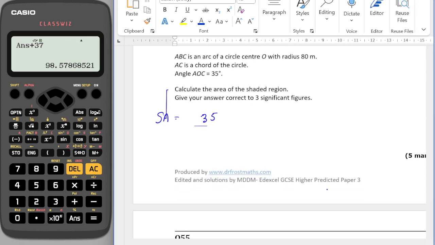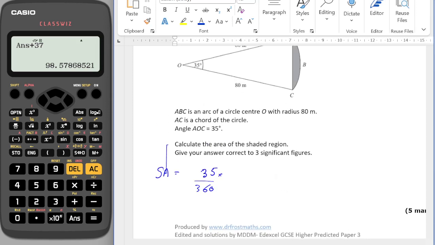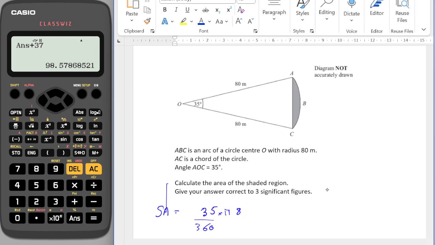is going to be equal to 35 divided by 360 times the area of the shape, which would be pi r squared, so pi times 80 squared. From that, I need to subtract the area of the triangle, which would be a half of 80 times 80 times sine of 35.